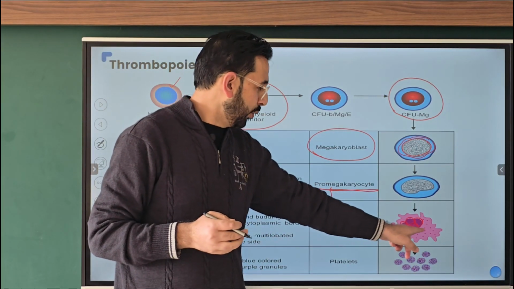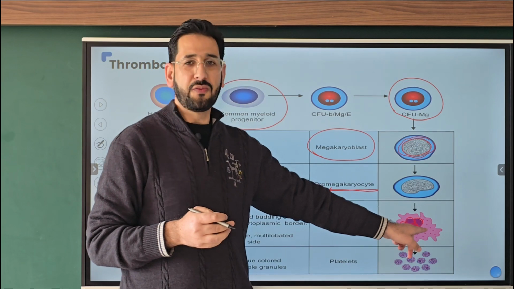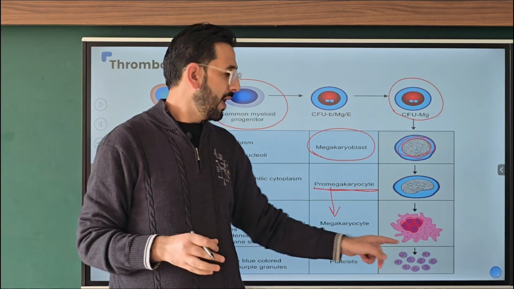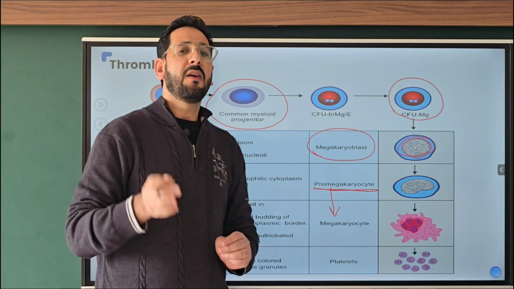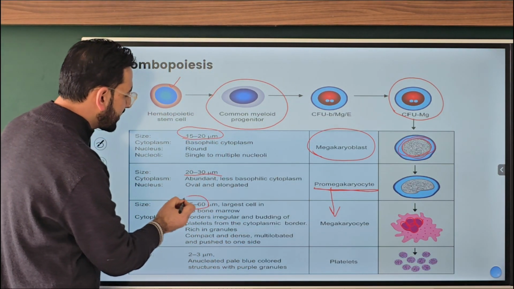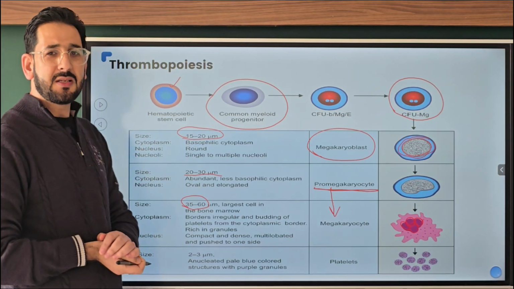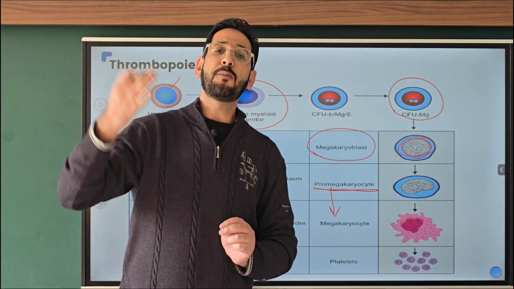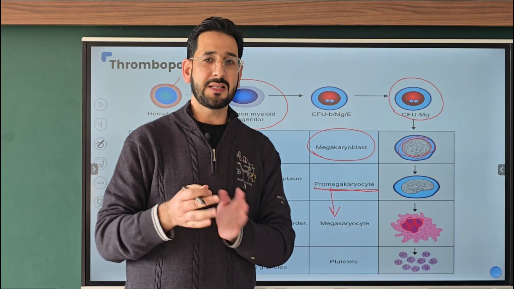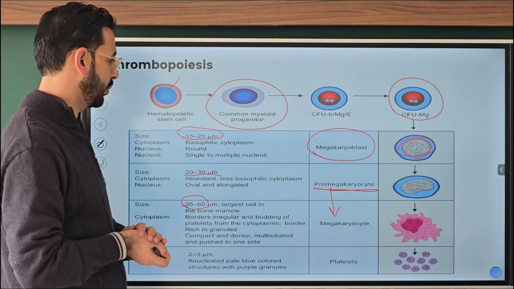Okay, now the cytoplasm is not basophilic. Now there are different granules present inside this cell called the megakaryocyte. The size of the cell can be 35 to 60 micrometers. Okay, in some books it is written that it can be up to 90 micrometers. So you can imagine how giant this cell is, this megakaryocyte.